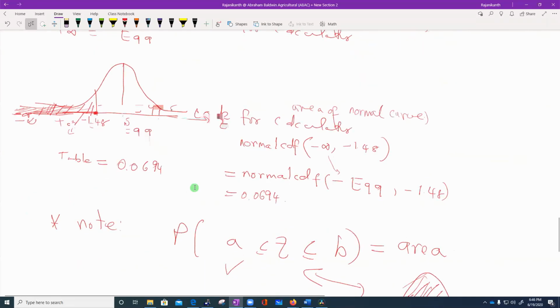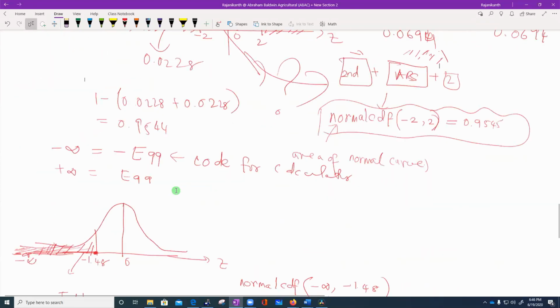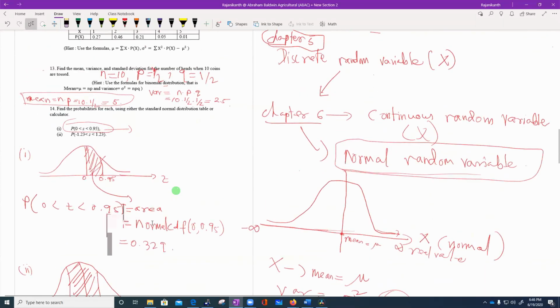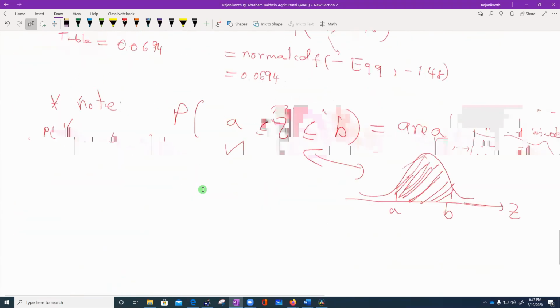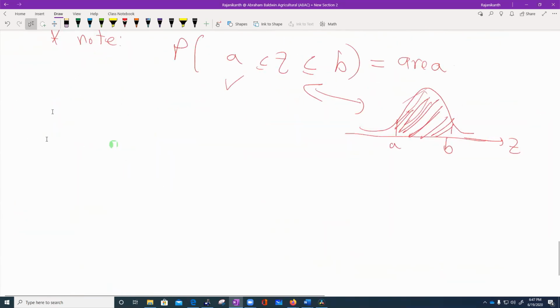Okay, I will explain, because I did it here using the calculator. So I got the answer 0.7813 using the calculator.